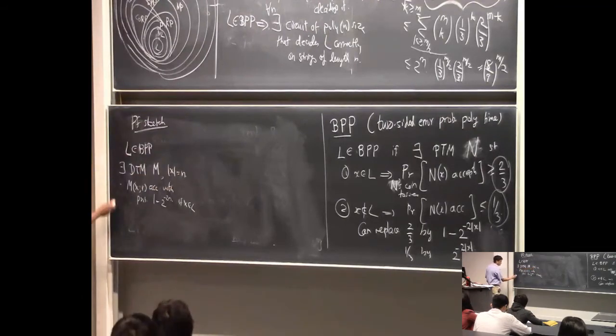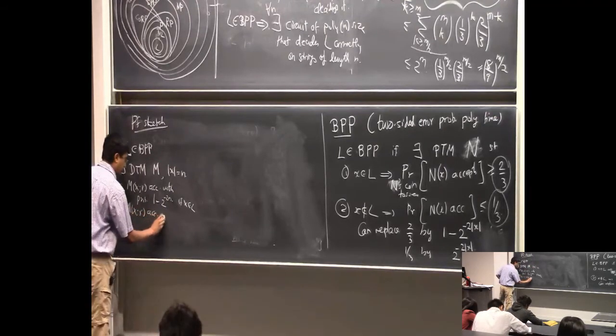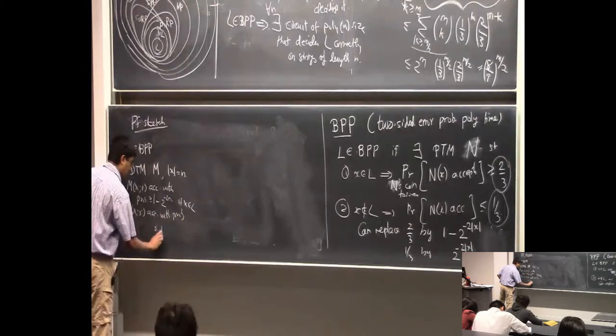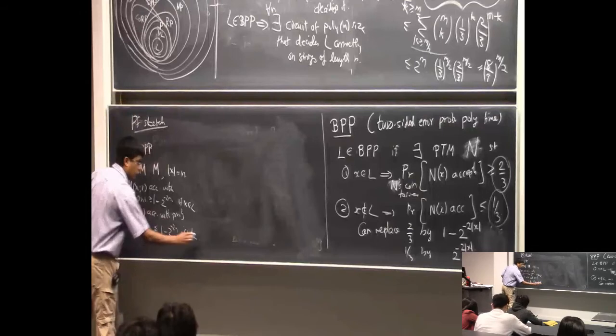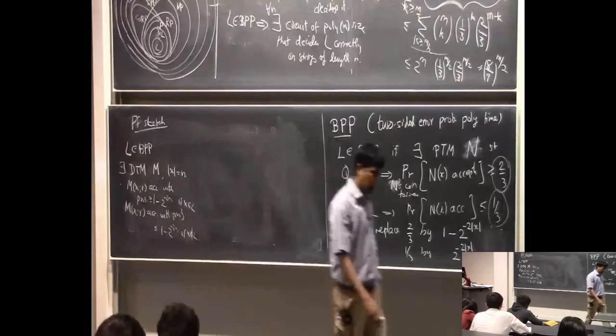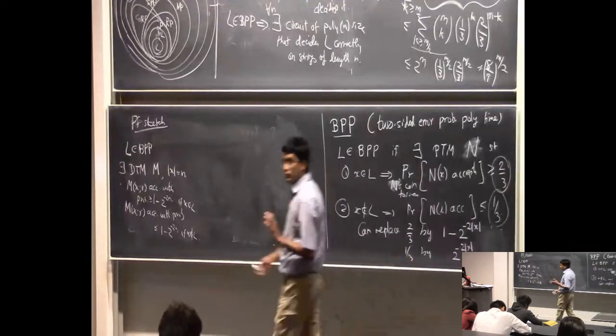So we know this is true, and M(x, r) accepts with probability at most 2 to the minus 2n if x is not in L. This is something we know, courtesy of the amplification. So we have a deterministic Turing machine which does very well when you randomize over the r.